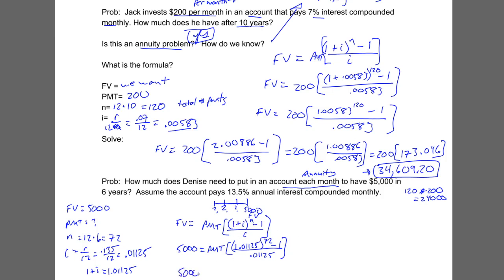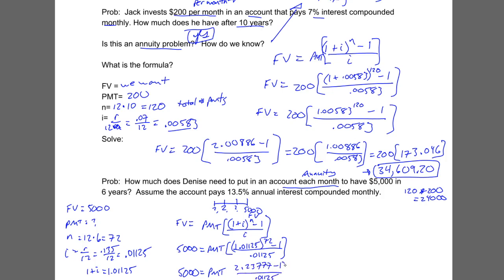So 5,000 is the payment times, and then I'll just raise that to the power. First I have to engage the calculator. So 1.01125 to the 72nd power. It's a little calculator exercise here for you. Is 2.23777 minus 1.